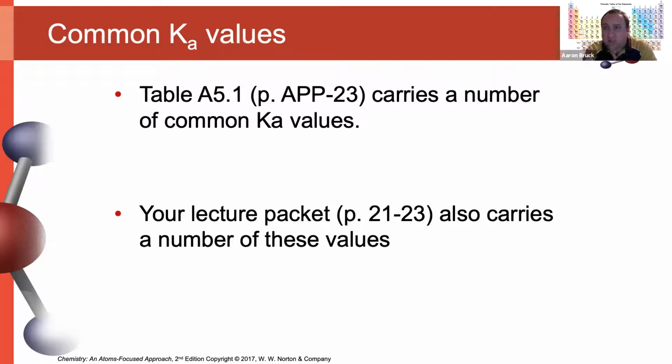Those of you that have the lecture packet, the one with all the constants in it, that lecture packet also carries these values on pages 21 to 23. If you do not have that lecture packet, I did stash that appendix table in with your equilibrium skill builder from last week. So you should have a copy of it there in lab archives as well.